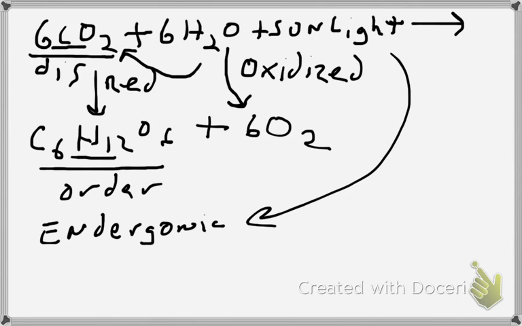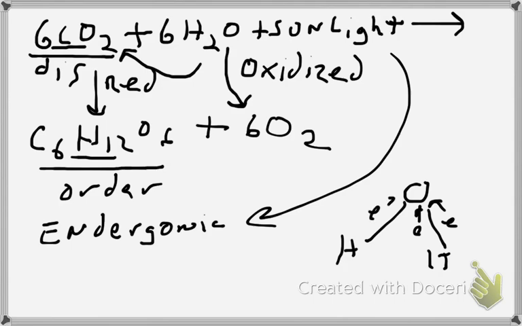Now, one of the things you should realize here is that those electrons in water, if we recall, water looks like this. Those electrons in water are all next to the oxygen. So oxygen is holding on to those really tight, which means oxygen is not really trying to give up those electrons.